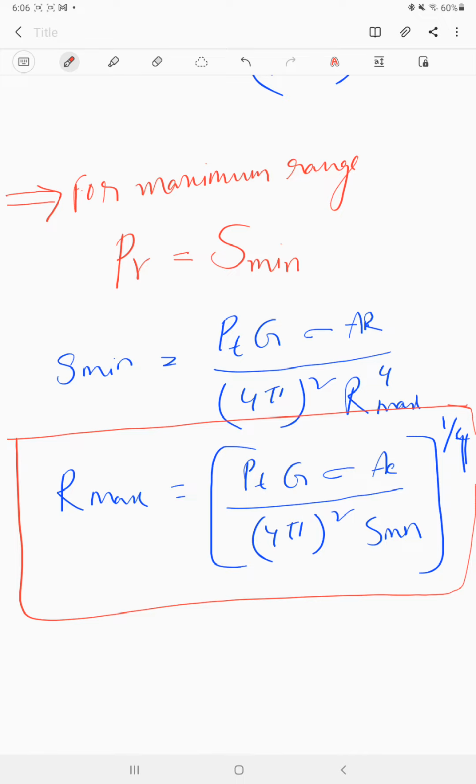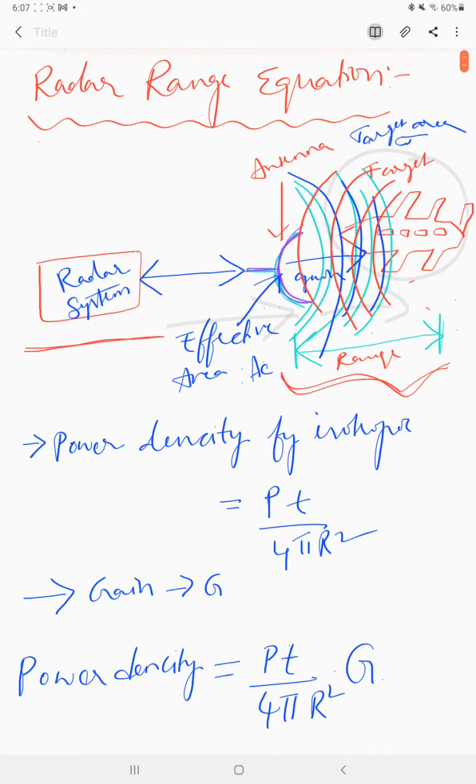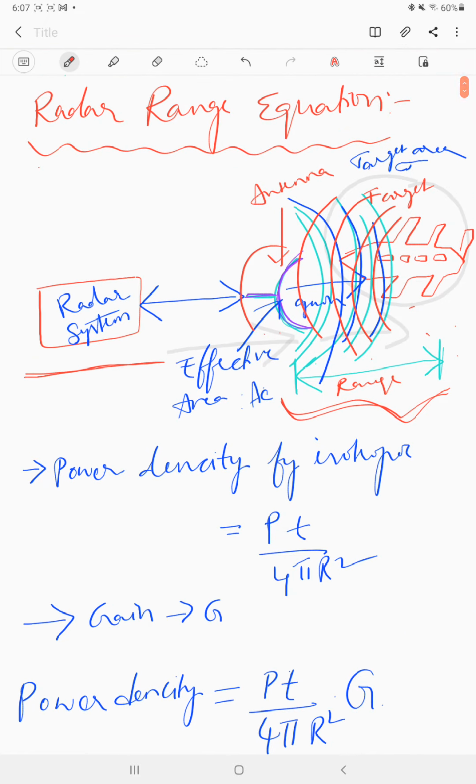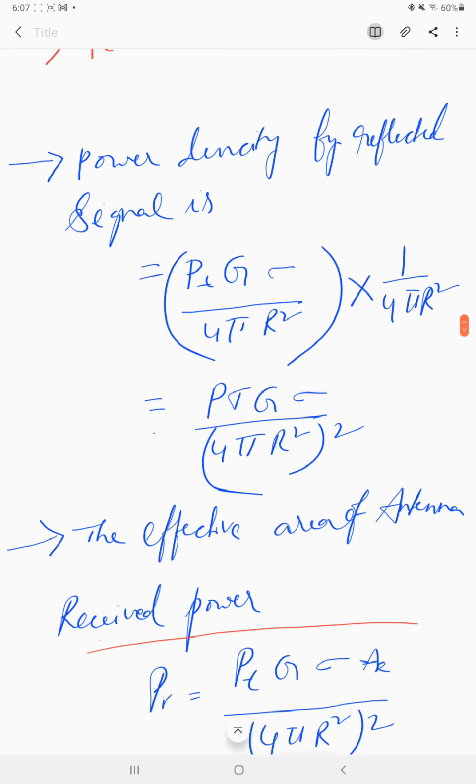Now, if I want to derive further from this radar range equation, we can use a transceiver antenna for the radar system with a parabolic antenna. Here we are taking this antenna as a trans-receiving antenna, replacing it with a parabolic antenna.